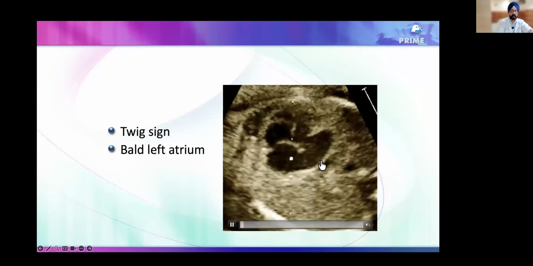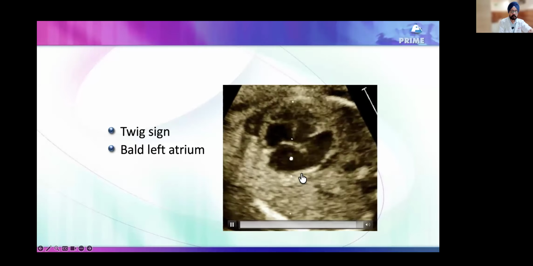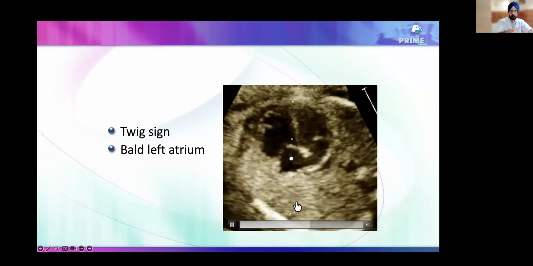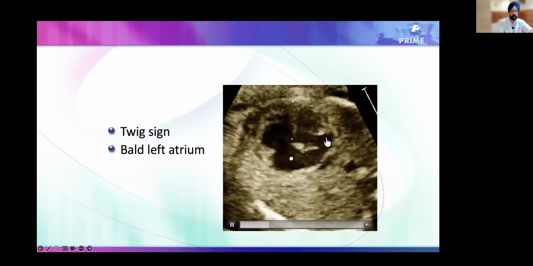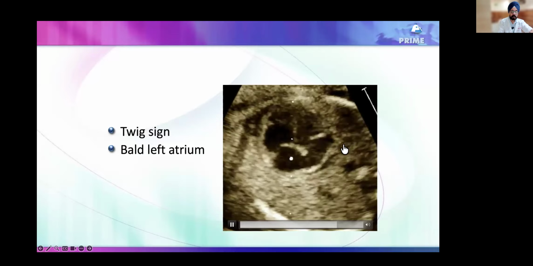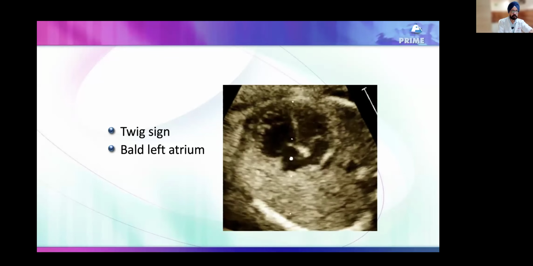Left atrium is never like this. It's boxy, like a box, because the pulmonary veins are pulling that posterior part down. This is one. Second, you see the increased distance between the aorta and the left posterior wall. And then you see this twig sign. The twig sign is this, the posterior chamber.